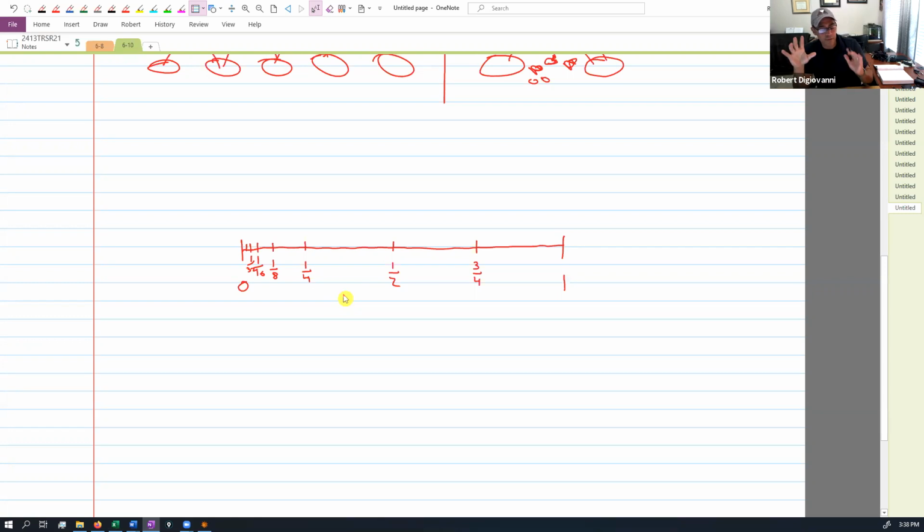If you were to close your eyes and reach into the interval between 0 and 1 and pick a number off the number line, does it have to be a fraction? In other words, can every number be represented as a fraction?